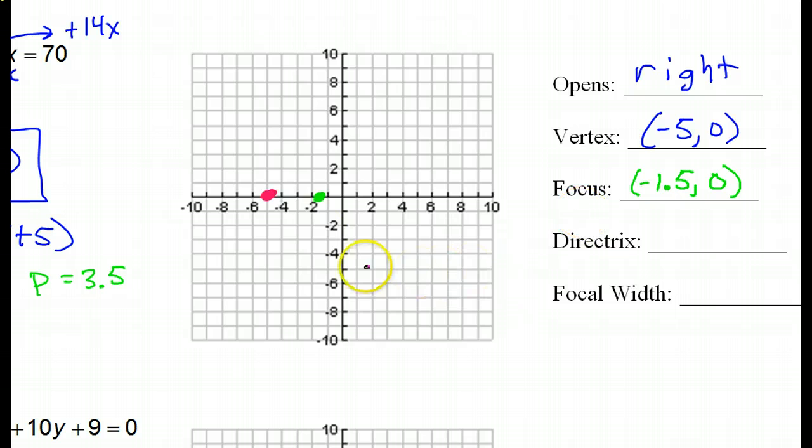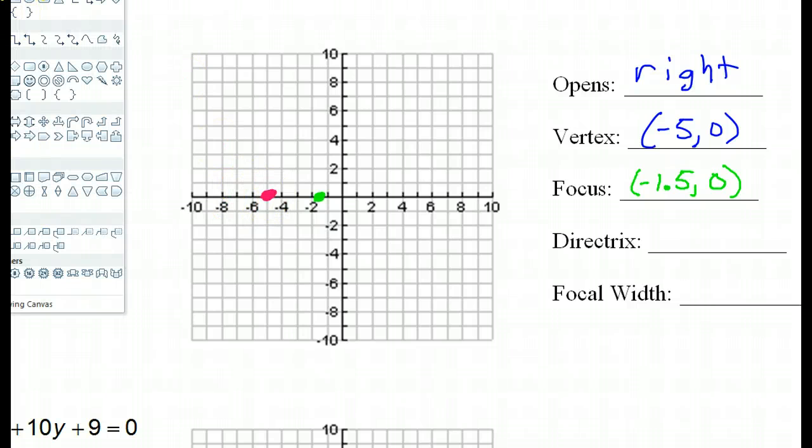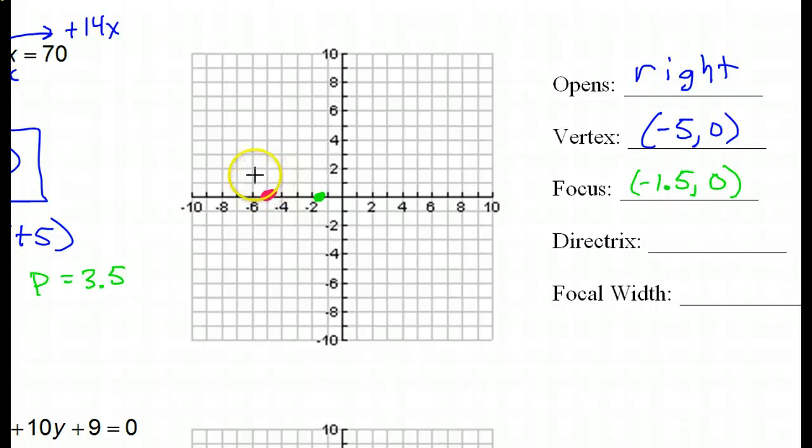So that's the focus. Now the directrix is going to be the same distance to the left. So it should be 3.5 to the left of the vertex here. So that's going to put my directrix. So this would be 3 to the left, so 3.5 would be right here.